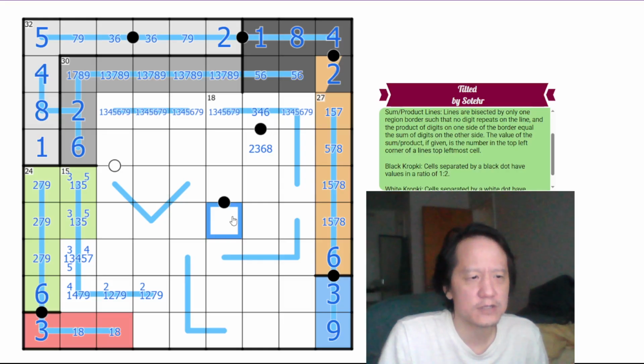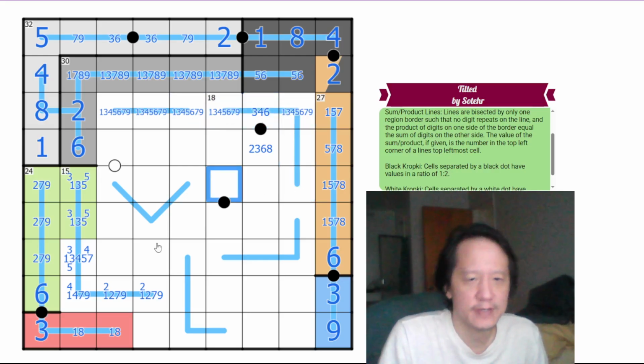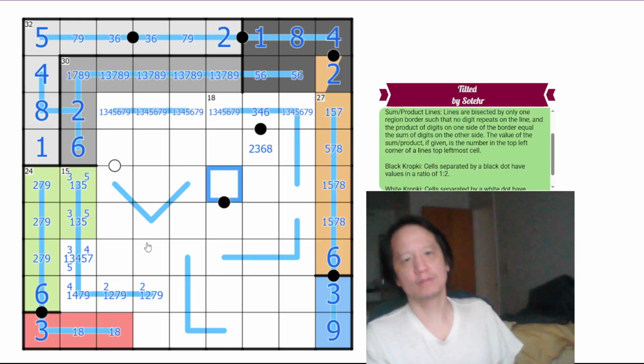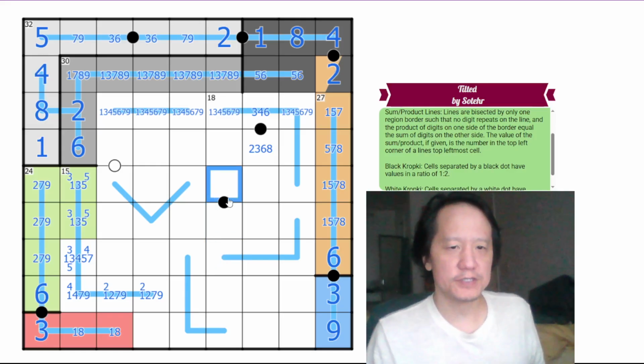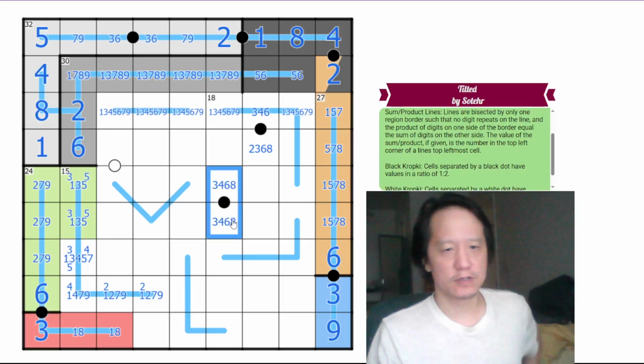Oh yeah, 3, 6. 2, 9, or 3, 6. What does that mean? I'm not really sure. This is in a 1 to 2 ratio. It's either 4, 8 or 3, 6 here.